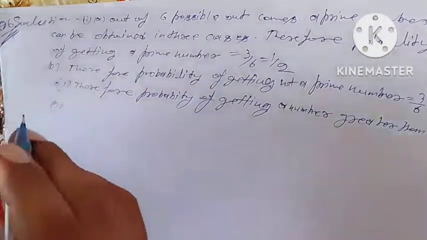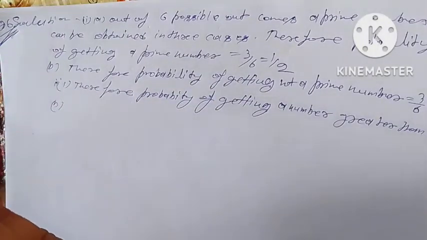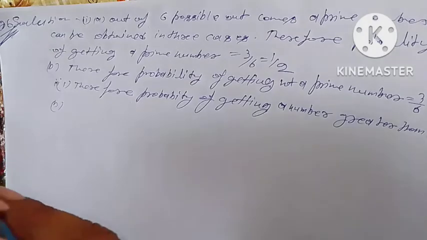B. Out of 6 possible outcomes, a number not greater than 5 can be obtained in 5 cases.